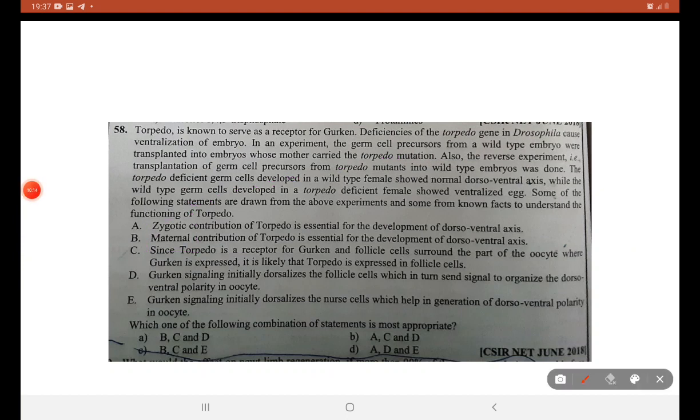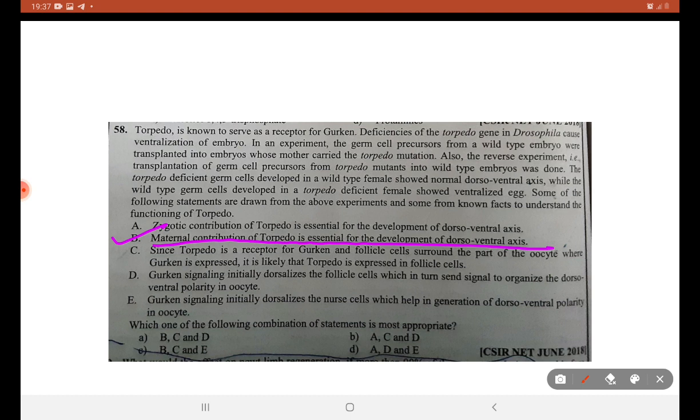No, maternal contribution of the torpedo is essential for the development of dorsal ventral axis, and not the zygotic contribution.